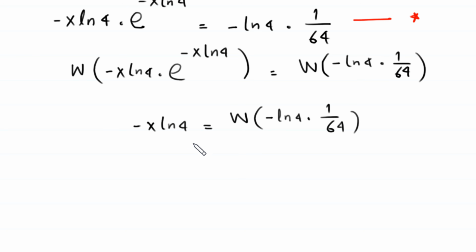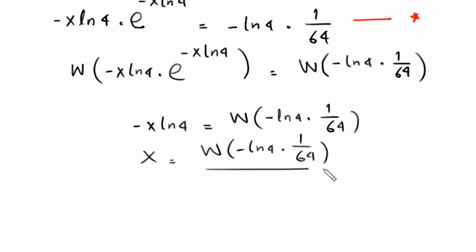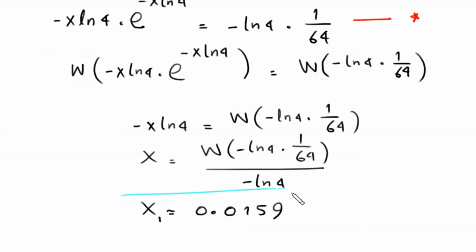We divide both sides by negative ln of 4. We get x is equal to W function of negative ln of 4 times 1 over 64 divided by negative ln of 4, and this is approximately equal to 0.0159. This is the first value of x. This is the first solution of this equation.